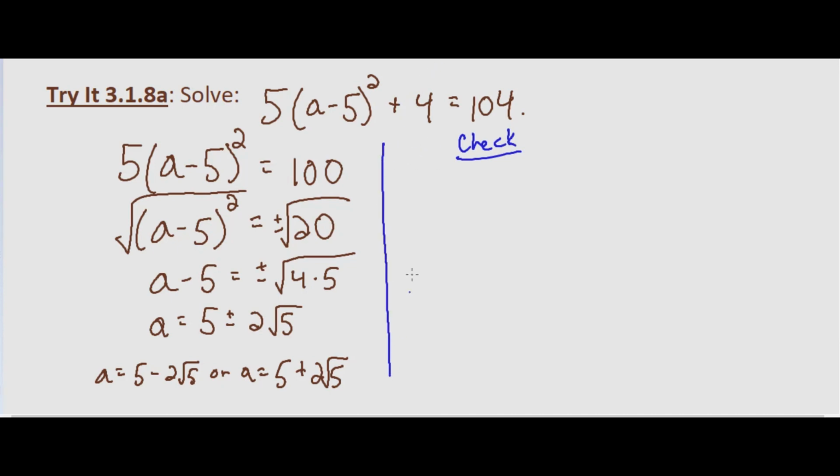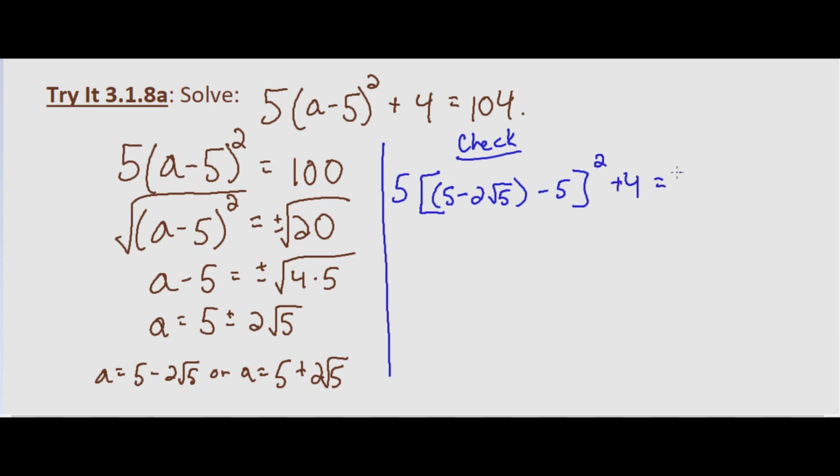So first we have 5 times, let's go 5 minus 2 times the square root of 5 for a, minus 5, quantity squared, plus 4.